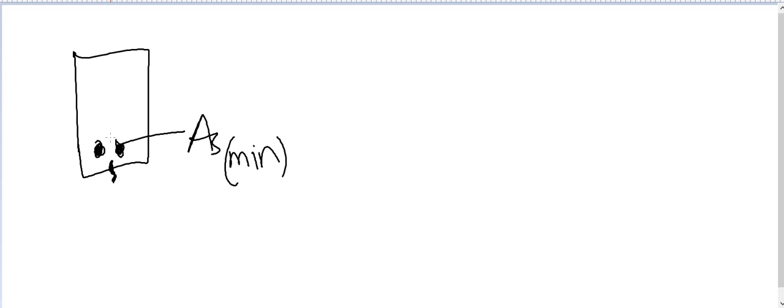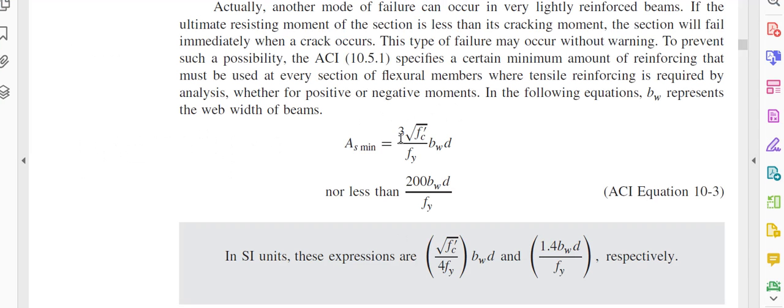This is why I need to provide a minimum amount of flexural reinforcement. We call it minimum for flexure. Why do we provide it? To make my steel strength greater than my concrete strength. That is why we need to provide it. How much is it? ACI gave us this value: 3 root f prime c over fy times bw d.